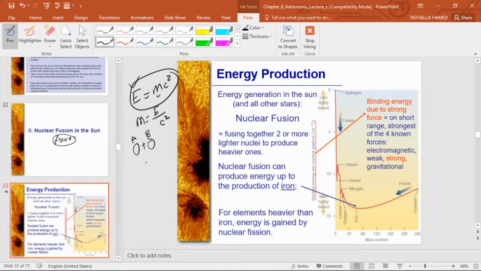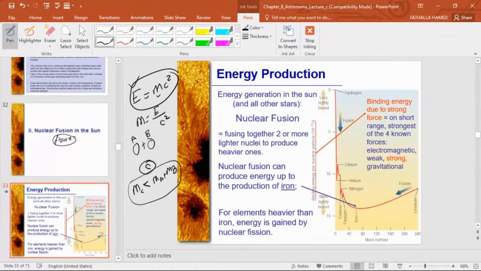Now, if I will get something, which is here, I will call it C. It will result in C. The mass of C is going to be less than the mass of A plus the mass of B. So I lost some mass. This mass that I lose, it will become energy in accordance with mc squared. That's in the case of fusion.